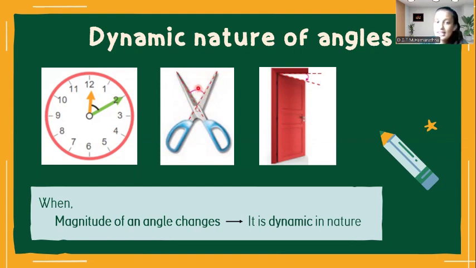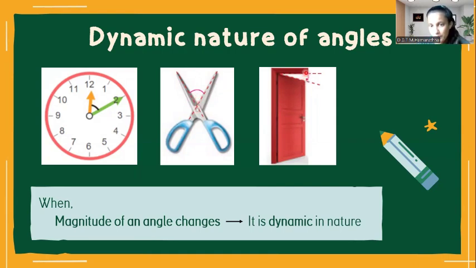That means this angle changes with time. When the two blades get closer, the magnitude of the angle is small, and when the blades of the scissor are somewhat apart, the magnitude increases. This is also an angle with a dynamic nature.